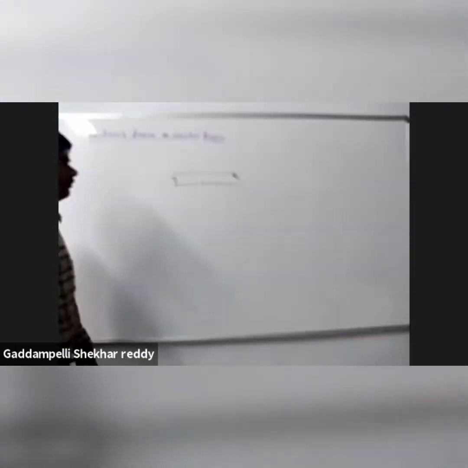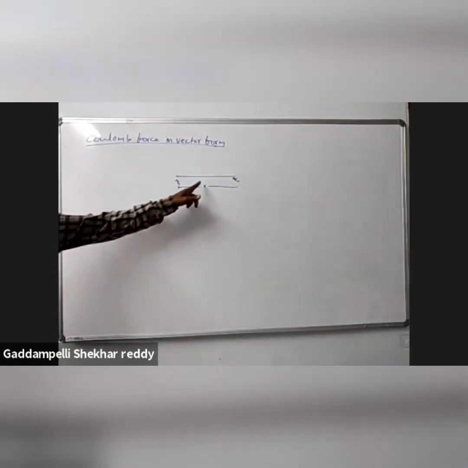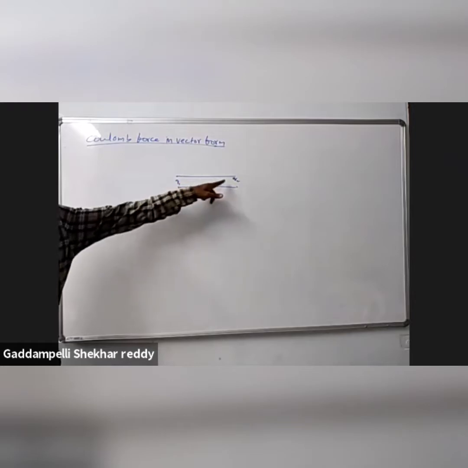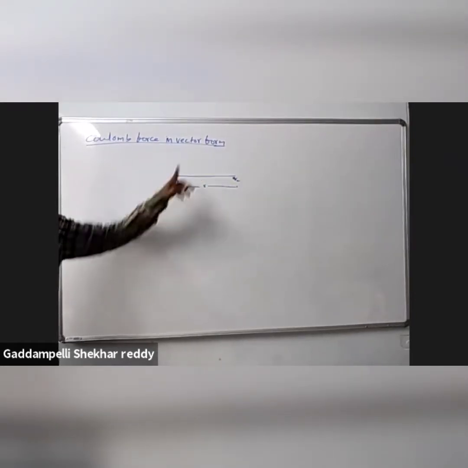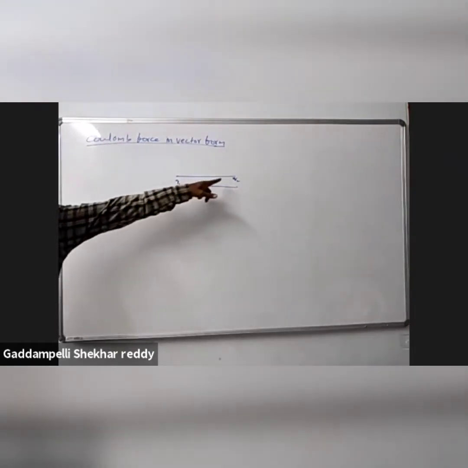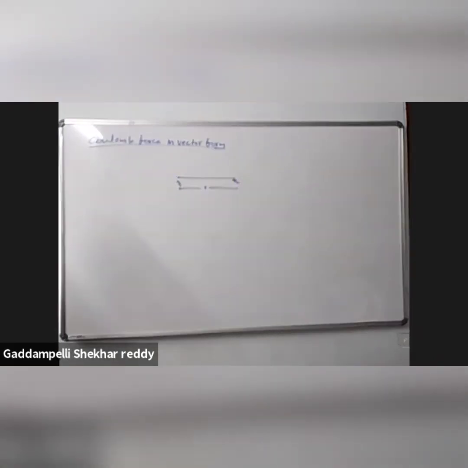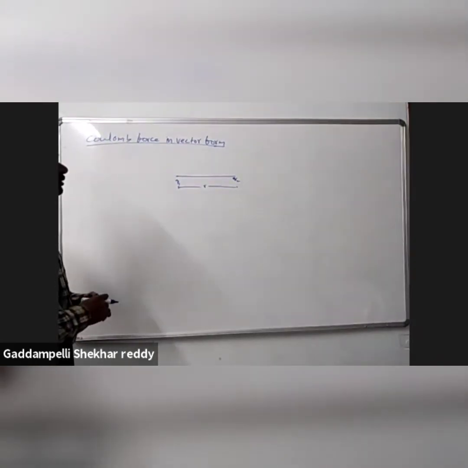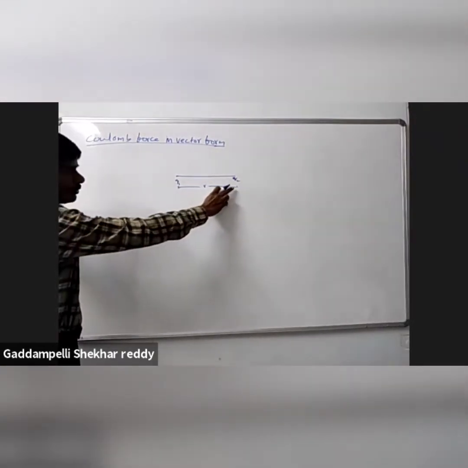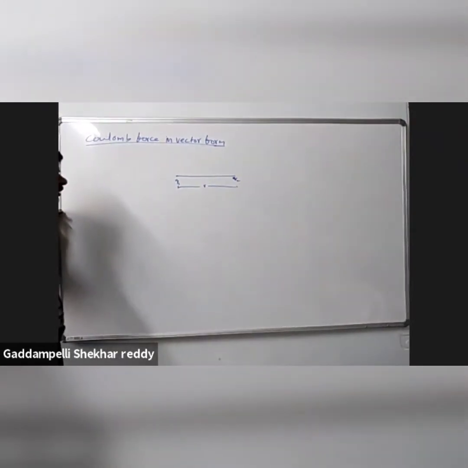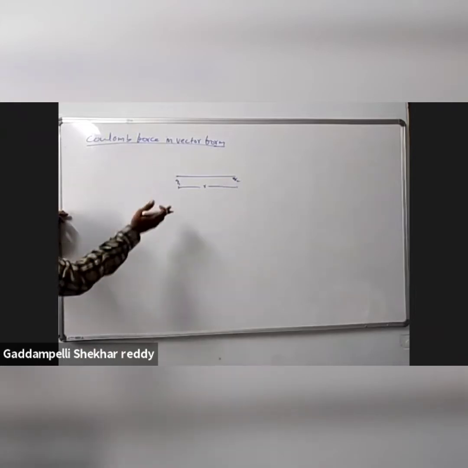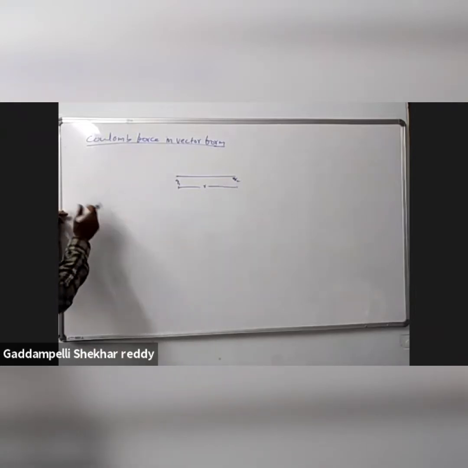In the previous class we already discussed Coulomb force: the force between these two charges is directly proportional to the product of the charges and inversely proportional to the square of the distance between them. That formula we already wrote in the previous case. Now, vector form.